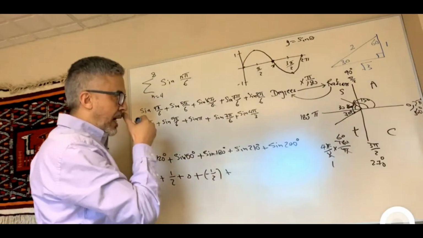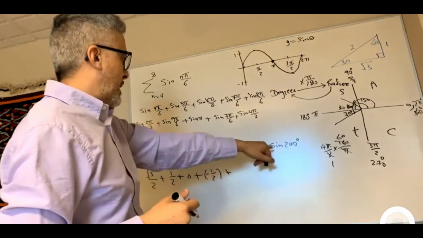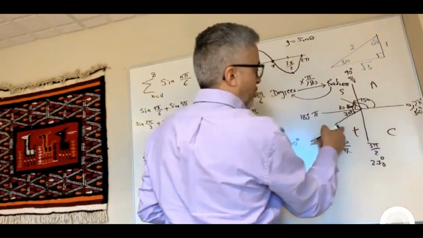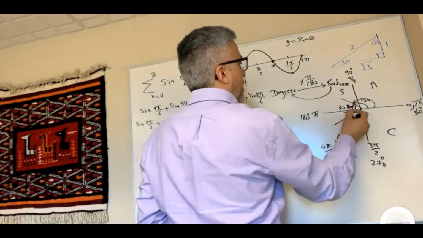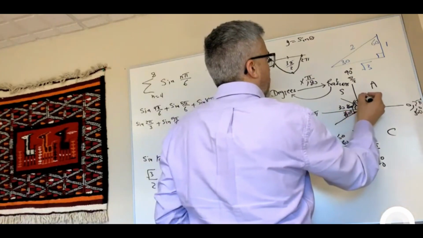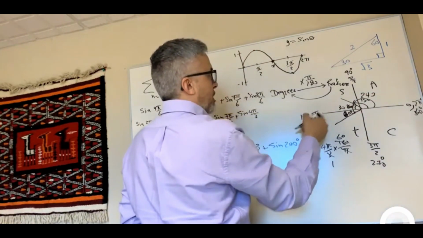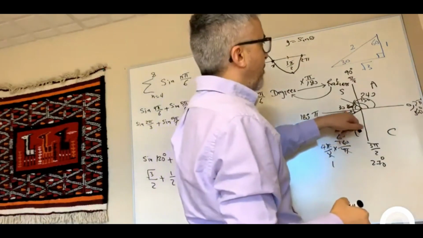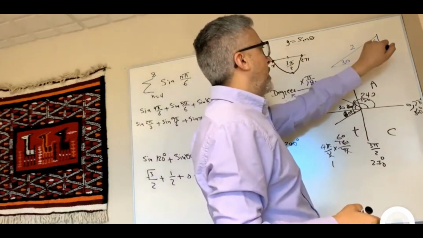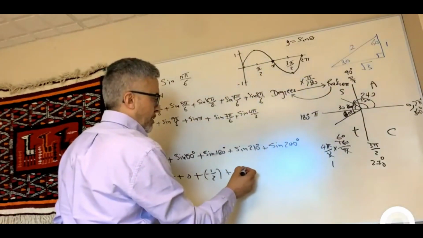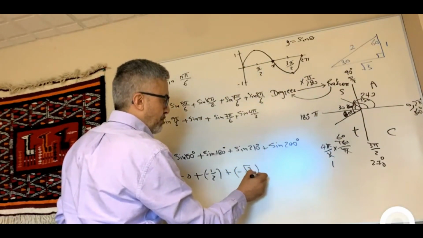Plus sine 240. 240 is in here as well, between 180 and 270. The reference angle would be 60, because 240 minus 180 is 60. The sign here is negative. Sine 60 would be root 3 over 2, except it's negative, so plus negative root 3 over 2.